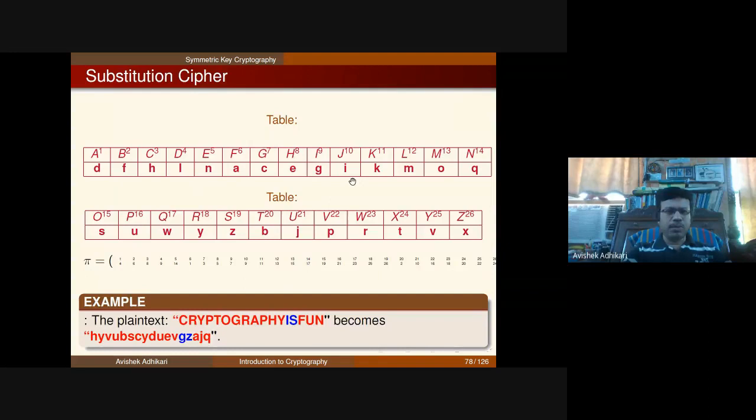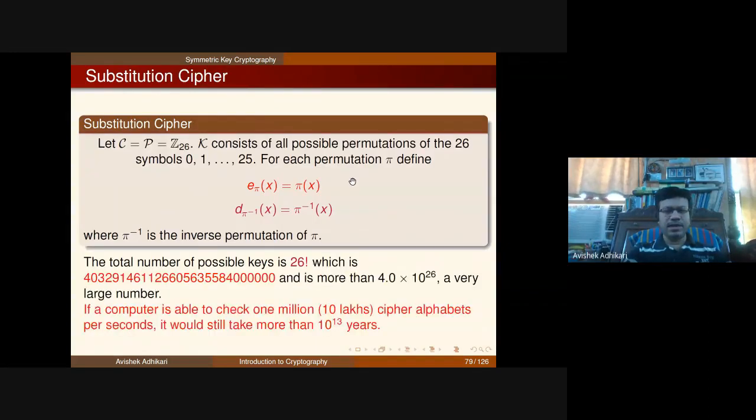So people thought about that kind of idea that okay, in my previous three examples like the shift cipher, affine cipher or substitution cipher, each alphabet will go to a particular alphabet throughout.